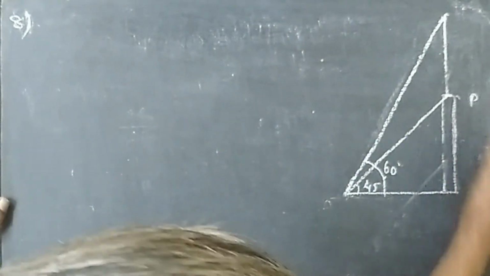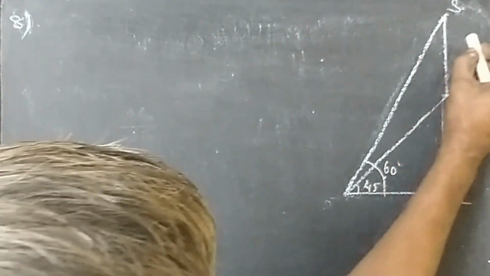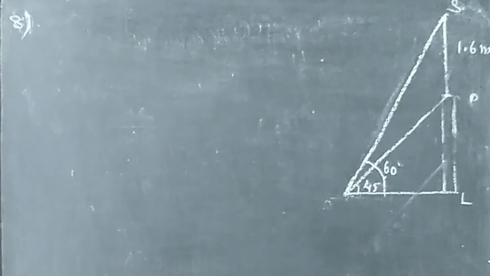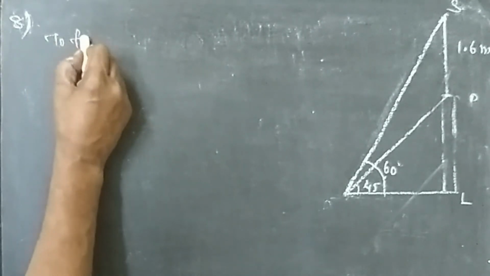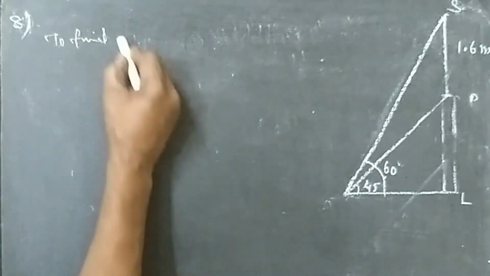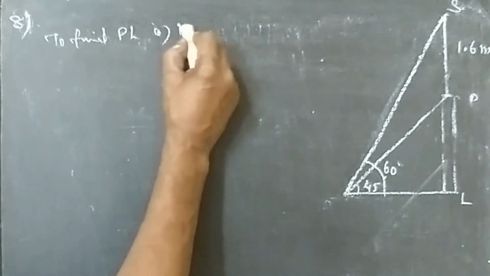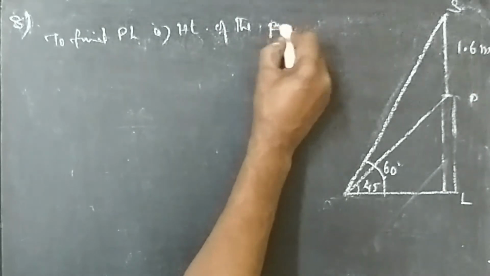Here this is the pedestal, this is the statue, which is equal to 1.6 meter. Here we have to find PL, that is the height of the pedestal.